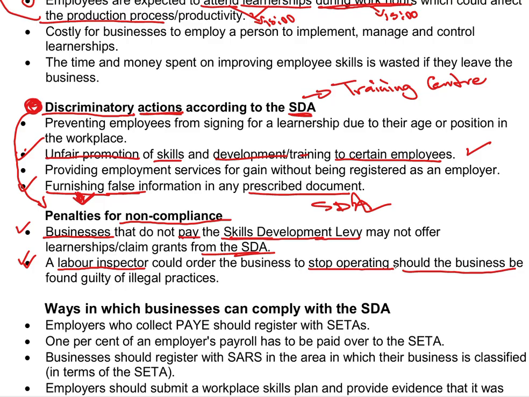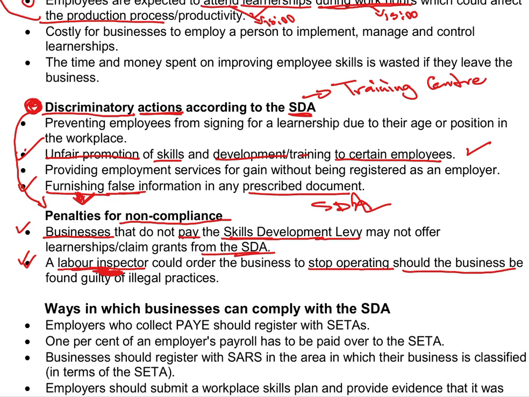So a labor inspector, I want you to hear me very well, can issue a compliance order to a business. So the business must fix the issue or face penalties. In severe cases, they can even stop the business from operating, like a temporary shutdown until they comply.